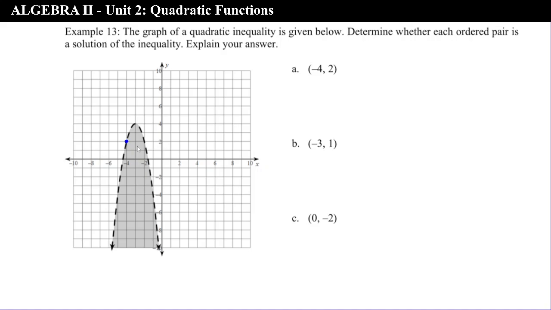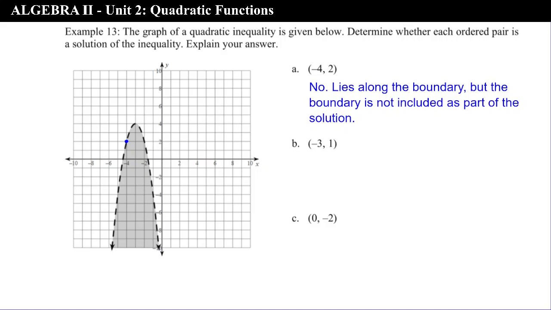And so it falls on the boundary, but the boundary is dashed, which means that any points along the boundary are not included as part of the solution. So this is how we would write our solution. So we would state no, that it is not a solution, and the reason being is because it lies along the boundary, but the boundary is not included as part of the solution.